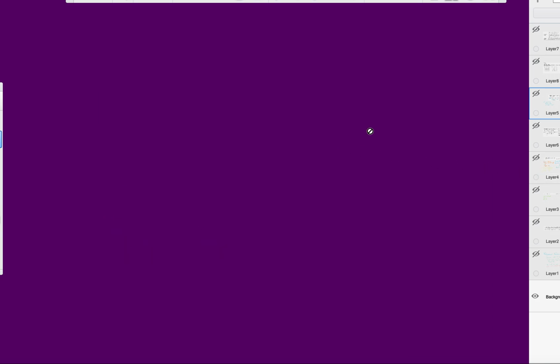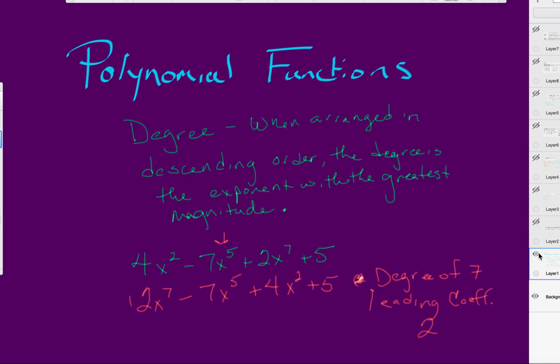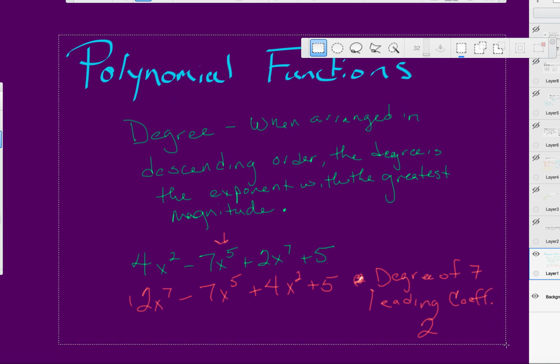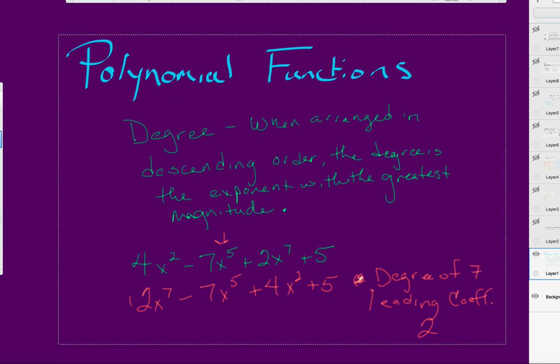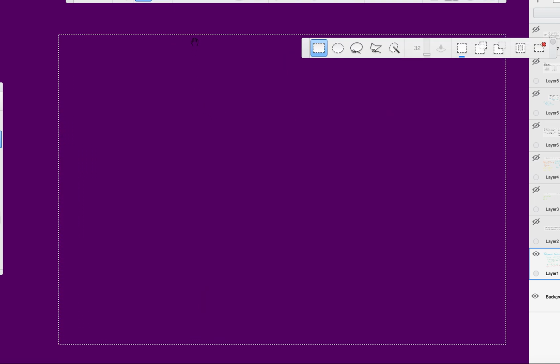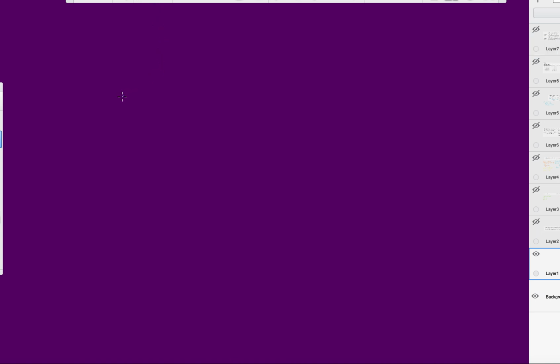All right, let's try one. Even though I don't have one. So let's go down here, and I'll open this back up, and I'll erase this, and I'll give you an example of going ahead and substituting an expression. Yeah, there we go. I knew I could get there one day.